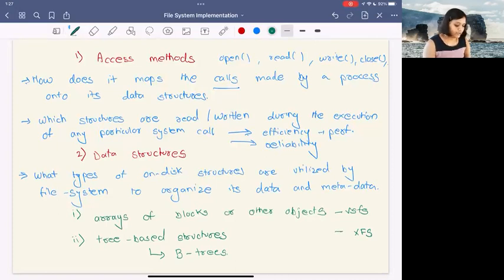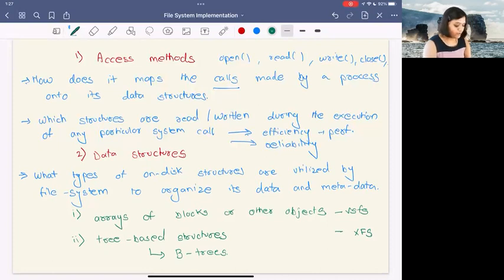Now, you could think of many other data structures which you could make sense and reason about, that they also could be good candidates to store this data and metadata that resides on the disk. So they would be good candidates to design a file system with. That's a good thought, keep thinking.